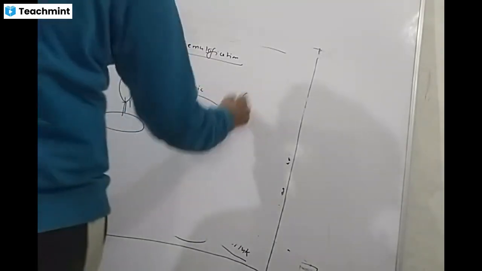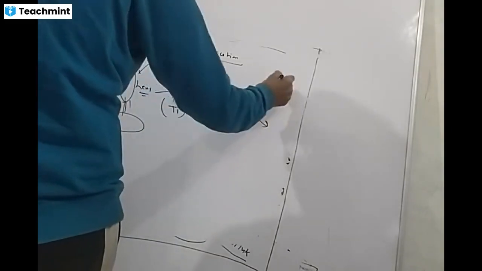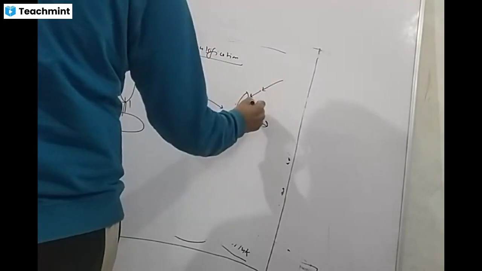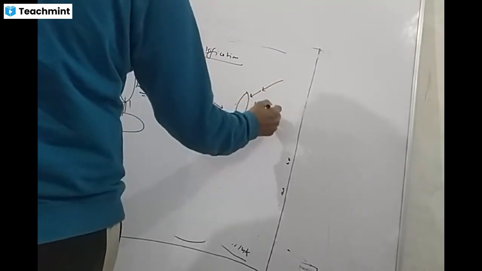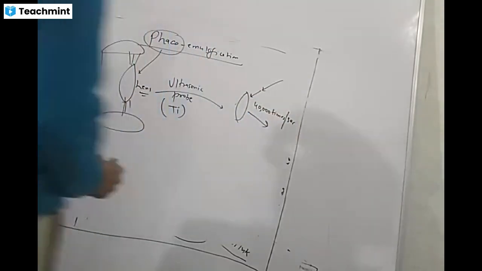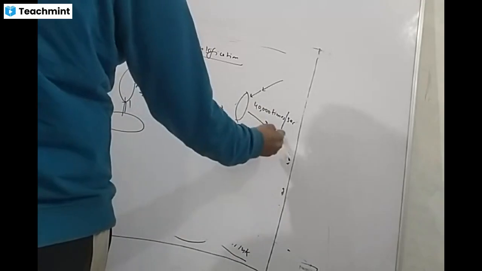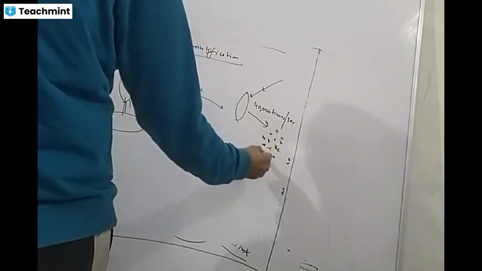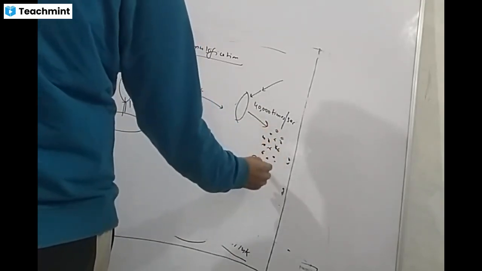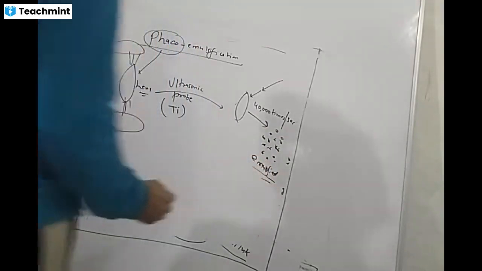We hit the lens with the probe 40,000 times per second. The lens will become just like a powder. It means the lens becomes emulsified because of this heating.